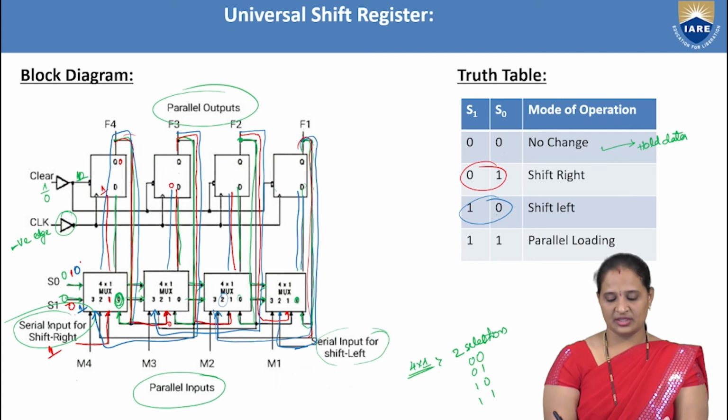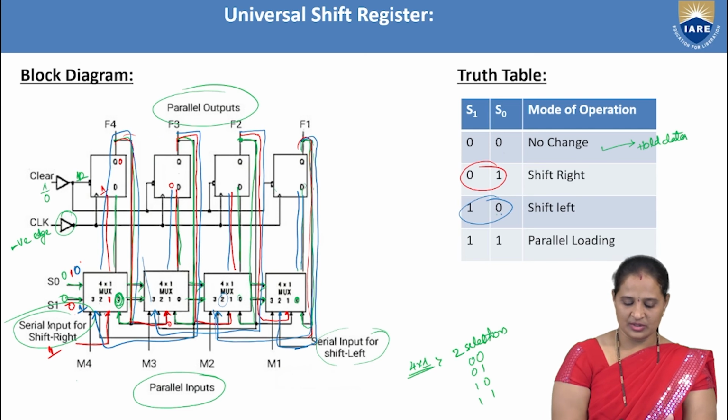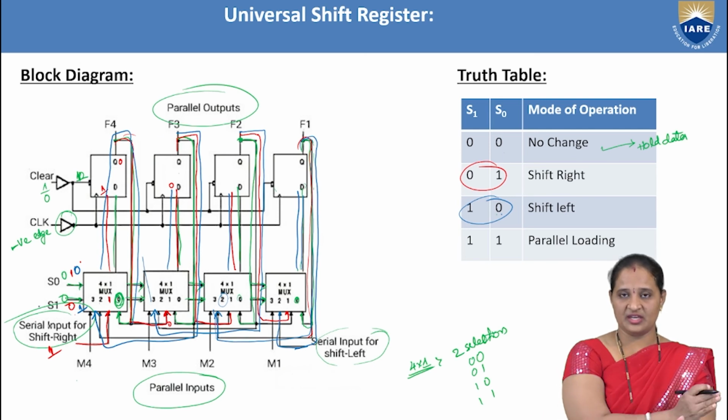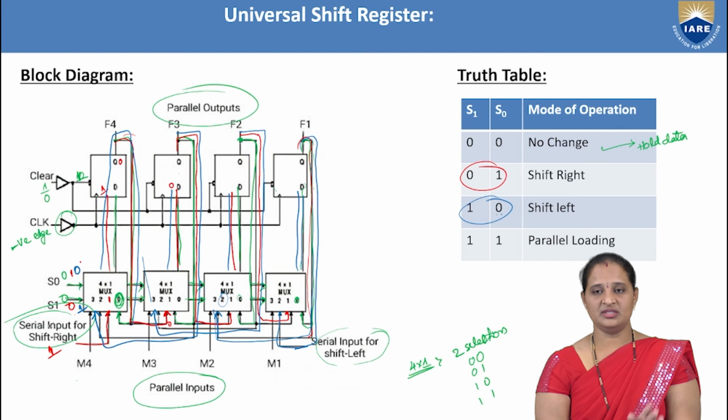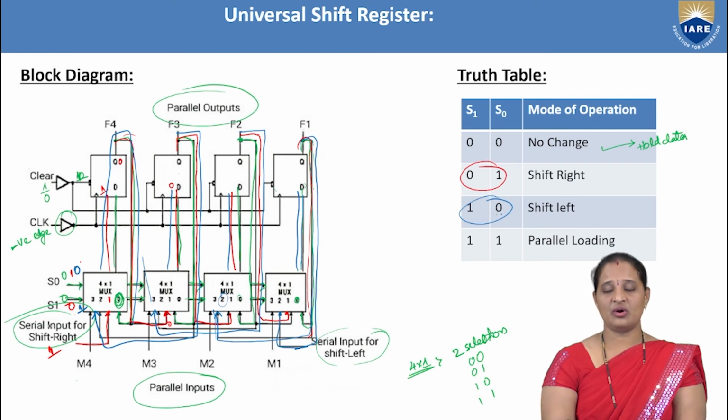Whenever the selection inputs are 1 and 0, in what direction is the data shifted? From this to this to this to this. It is shifting in the left direction. So when S1 is equal to 1 and S0 is equal to 0, it performs the left shift operation.